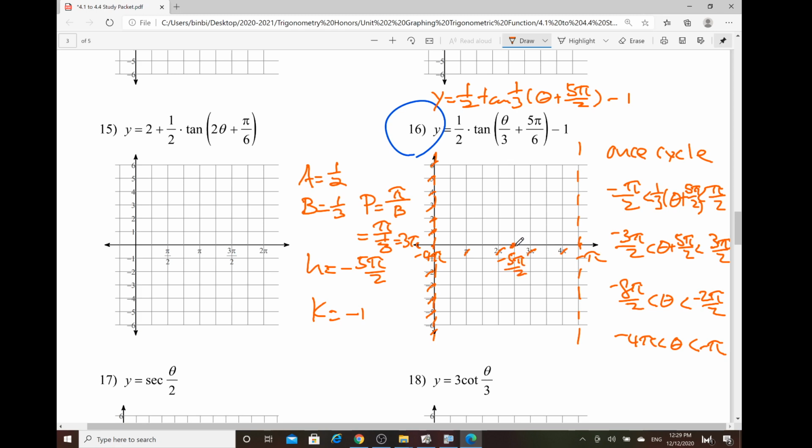So we do know that's a 0. And half of the distance right here, then this position would be considered negative 8 pi over 2, negative 5 pi over 2, negative 13 pi over 4. And then half of the distance right here, negative 7 pi over 4.